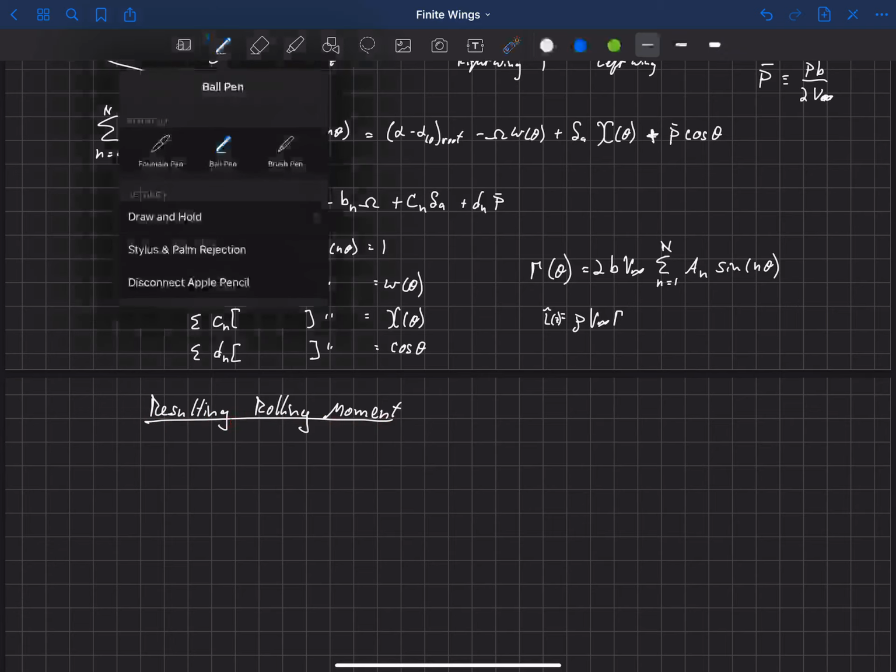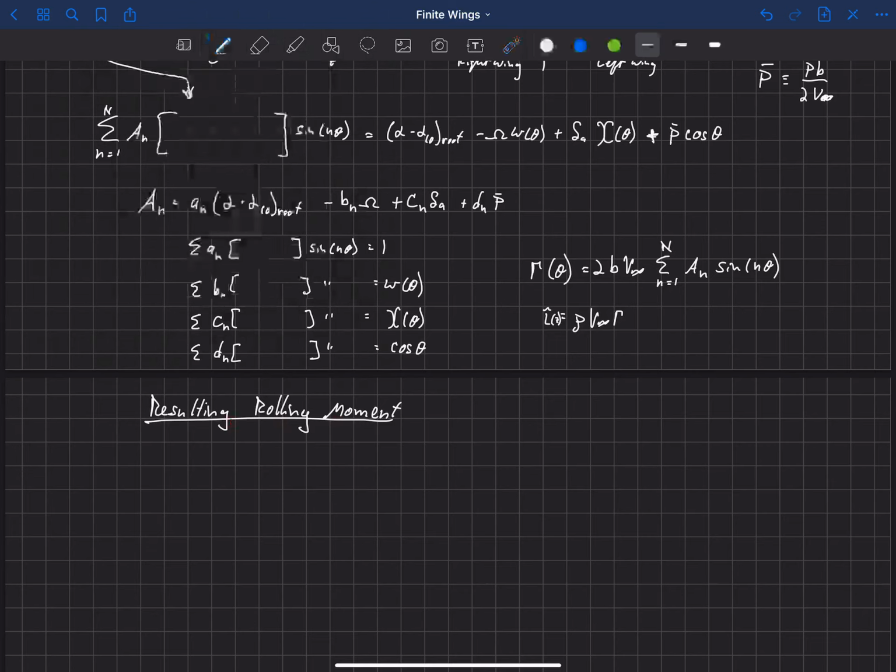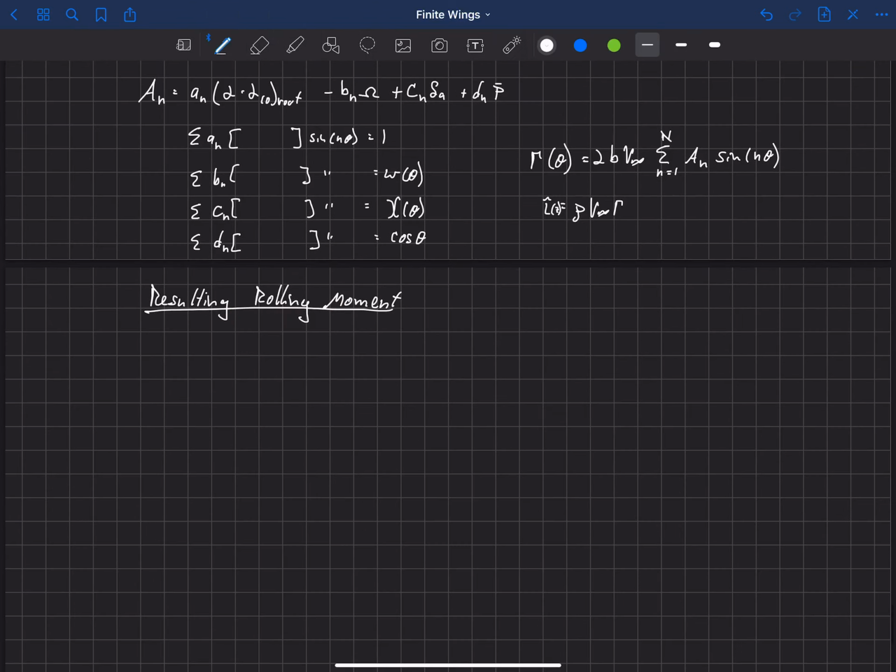So let's start here by defining the rolling moment, and we're going to look at the rolling moment coefficient on the wing, and that's equal to the rolling moment L, remember, we give that the symbol L, divided by 1/2 rho v infinity squared times an area times the wingspan. So this is how we non-dimensionalize a rolling moment and get a rolling moment coefficient.